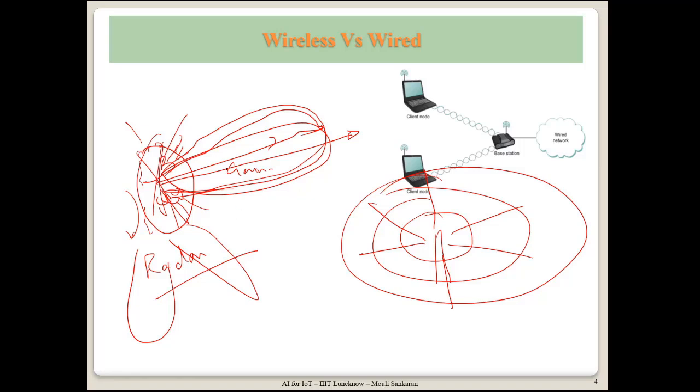Now another thing is, this gain what you see is not only for transmission, it's also for reception. That means, suppose in a radar, if a flight is going and the radar signal is hitting it and then coming back, the reflected signal also will have higher gain so that it will be received by the antenna on the receiving side.